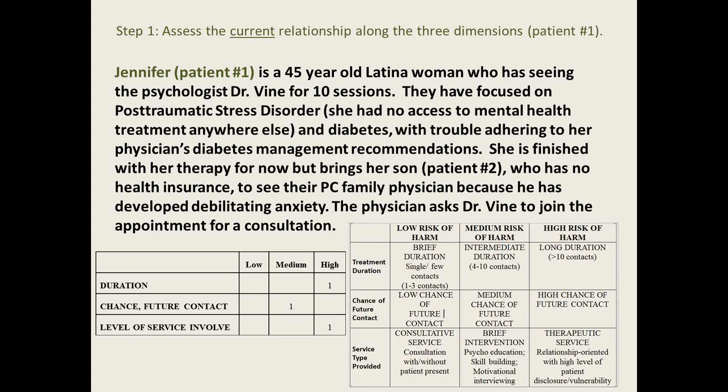And the duration of treatment for her, we put that as high because within primary care, to see someone for 10 sessions is on the long end of what we typically have seen in the clinics we work in. That may vary depending on the clinic you're in.